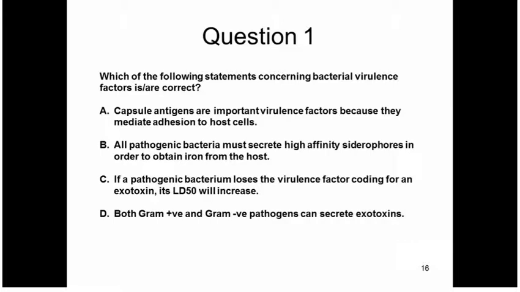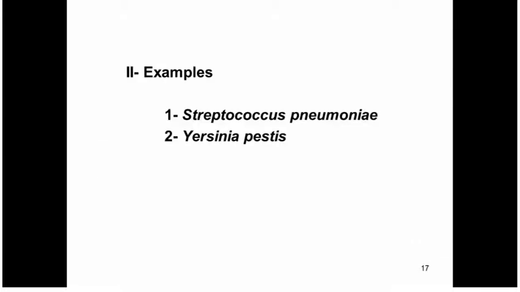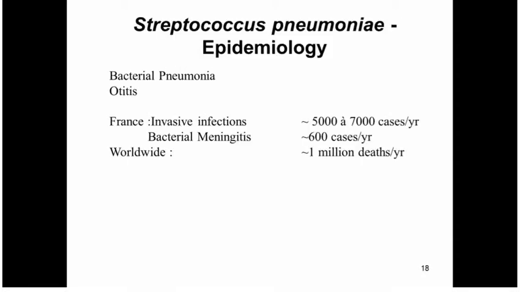So let's go on. We have about 25 minutes for a couple of specific examples: one gram-positive, one gram-negative pathogen. So Streptococcus pneumoniae causes bacterial pneumonia or ear infections.